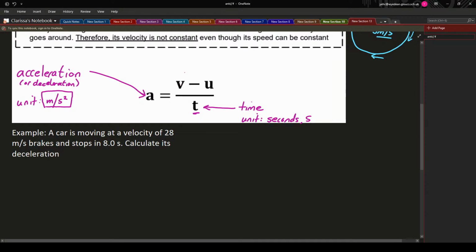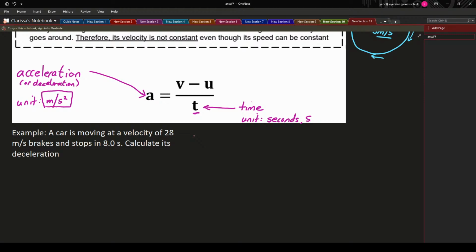Now the way we calculate a change in velocity is like, for example, say a car started at 5 meters per second, started moving at 5 meters per second of velocity, and then accelerated to 15 meters per second of velocity. So start off at 5 meters per second, then move to 15 meters per second.